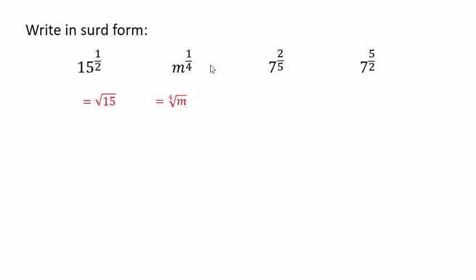Okay, the important thing here with 7 to the 2/5 is that 2/5 is 2 times 1/5, or 1/5 times 2. So if you remember that, you'll find this easy. So it's the fifth root of 7 squared.